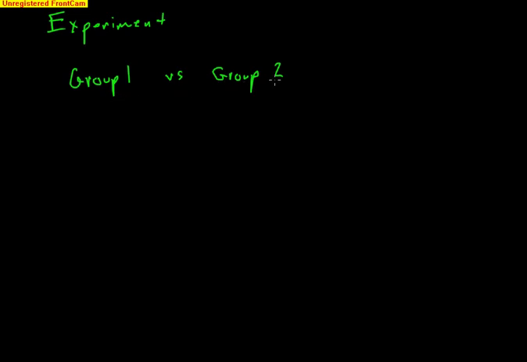So, this would be kind of unlikely. I'm going to change the example here in a second, but if we would look at the students who work after school, I would decide, okay, you 10 kids, you are going to get a job after school and you're going to start working. You 10 kids, you guys are not going to get a job after school, and I'm going to look at your grades.